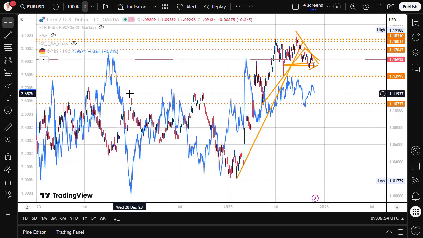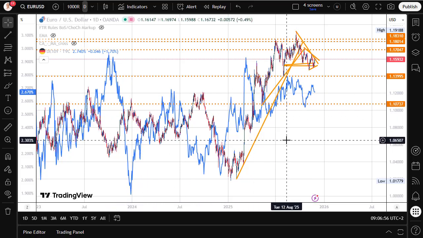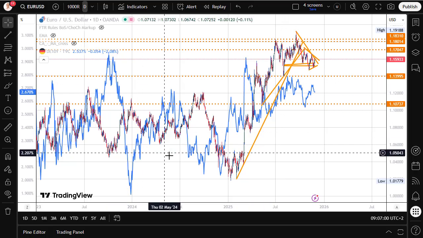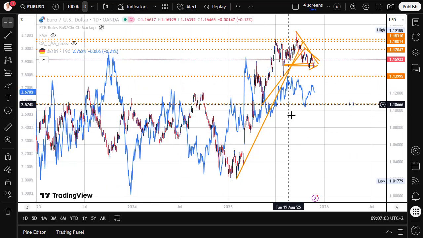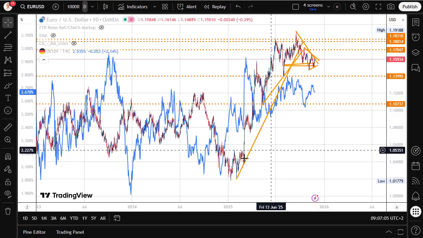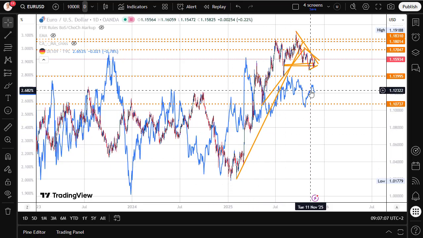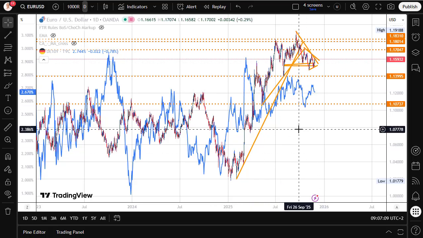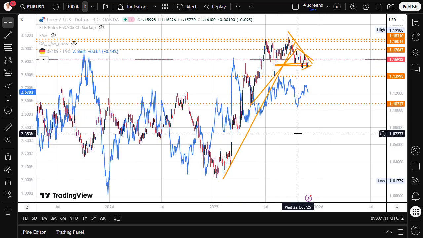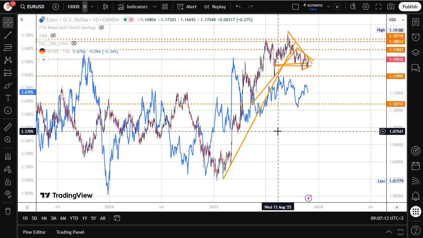Right now, we don't see any kind of correlation. I don't think anyone can look at the German yield and draw a conclusion about the Euro USD. Yes, the German yields have been moving up and Euro has been moving up, but we can't say this move seems to be correlated. We cannot draw significant information from this.